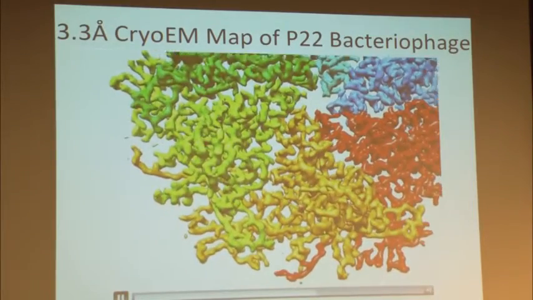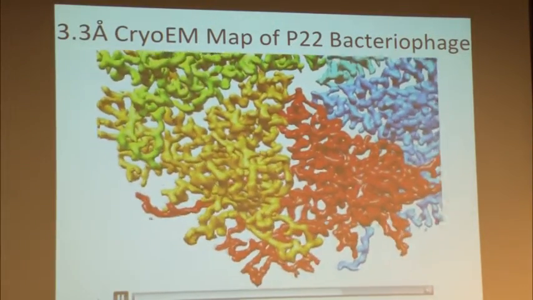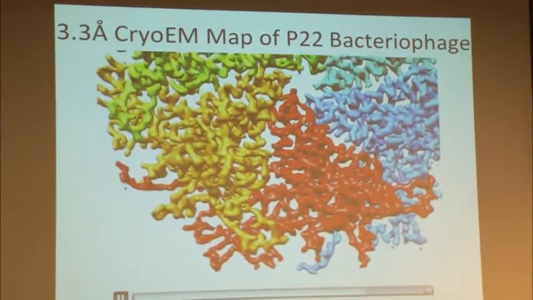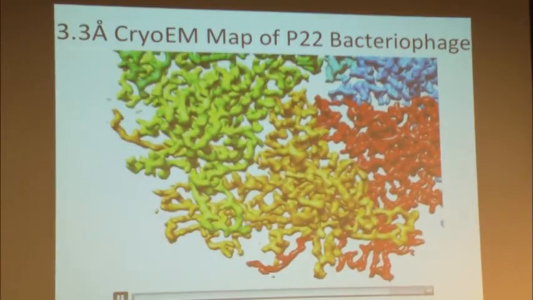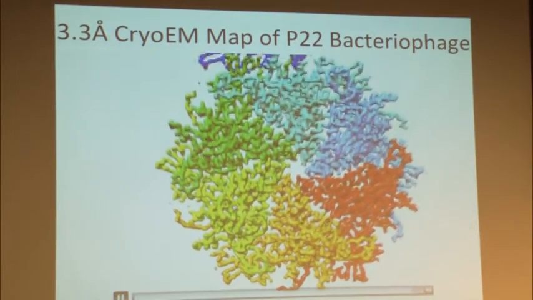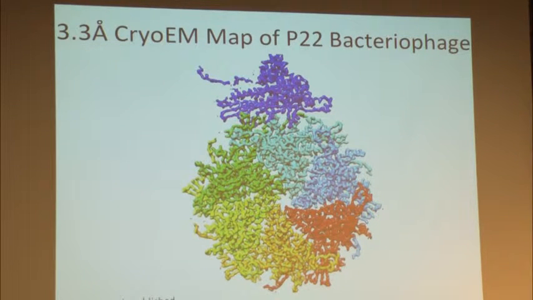The things are well resolved enough that we can delineate this yellow protein overlapping on top of the red protein, and then underneath, the green protein next to it. So we can actually delineate the molecular boundary of each protein subunit in this asymmetric unit. There are 7 molecules per asymmetric unit, and there are 60 of them. So 60 times 7 is 420 protein molecules that make up this virus particle.